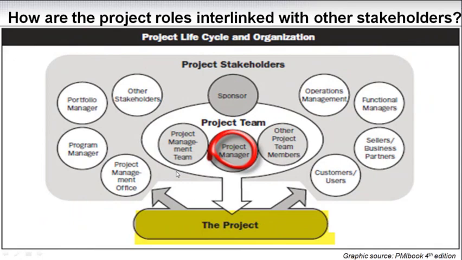If we have a look at how the project roles are interlinked, we use the charts from the PMI book, and before we looked at the project manager being the central component with the project sponsor up here, and all of the other roles you will see here in the box of the project team.